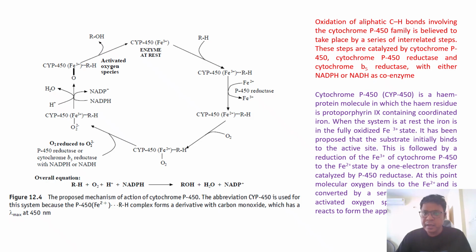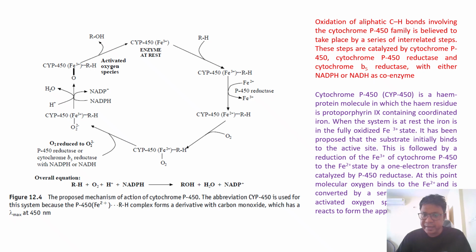Cytochrome P450 is a heme protein molecule in which the heme is iron protoporphyrin IX containing coordinated iron. When the system is at rest, the iron is fully oxidized to the Fe3+ state. It has been proposed that the substrate initially binds to the active site.